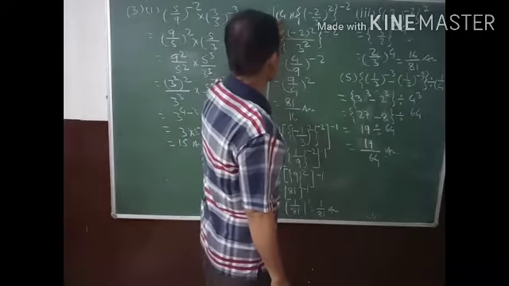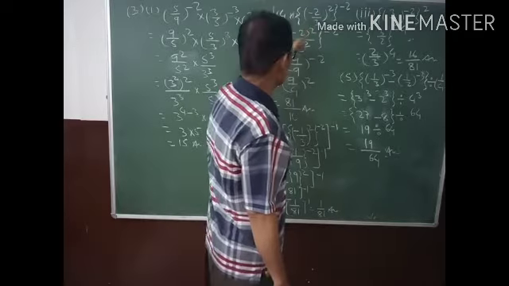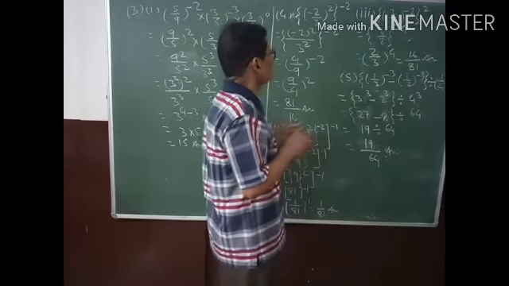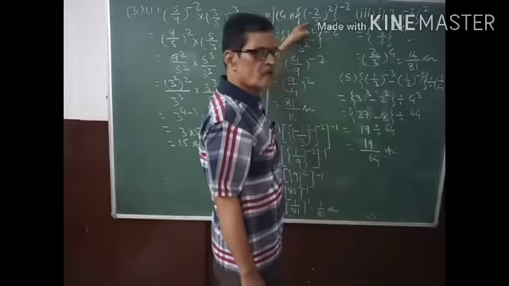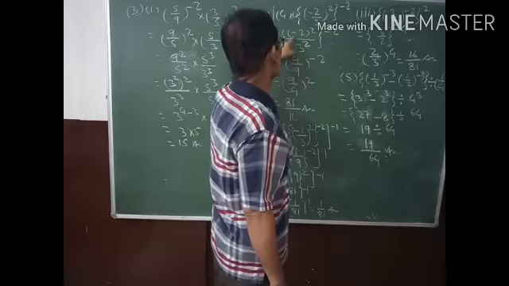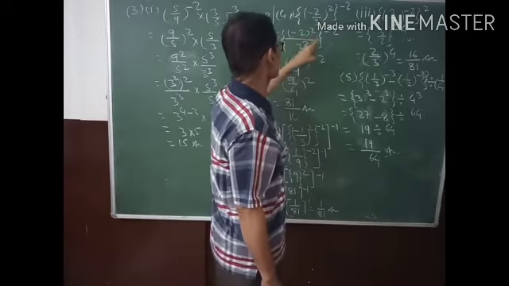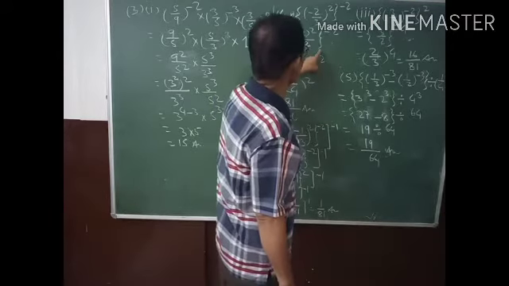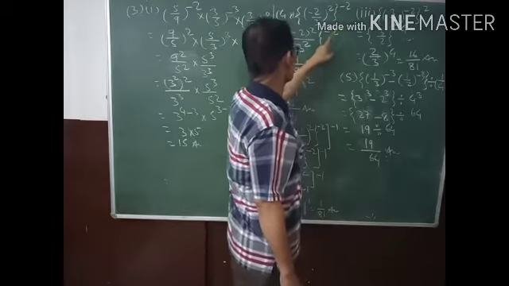Now come to the question number 4. First, you have to simplify it. You can proceed on the basis of BODMAS rule. First, I am going to break the small bracket. This will become minus 2 to the power square, 3 to the power square. Again, this power comes here.